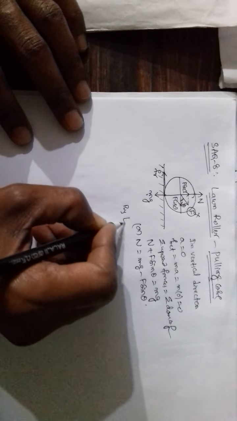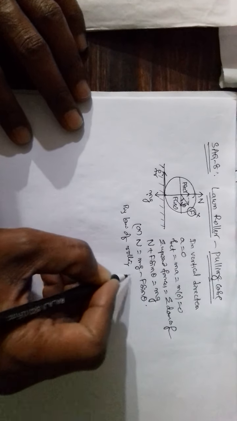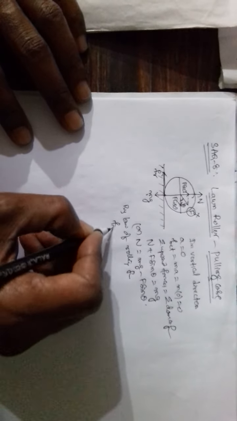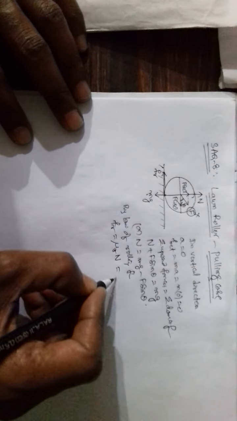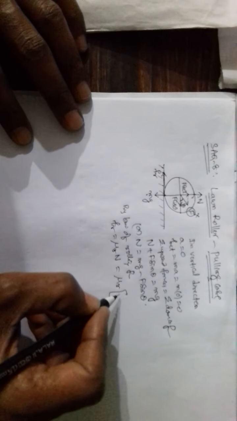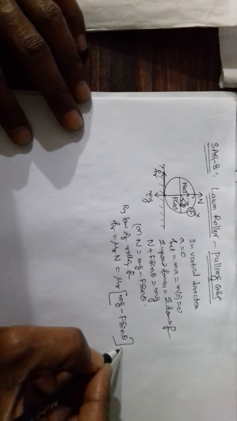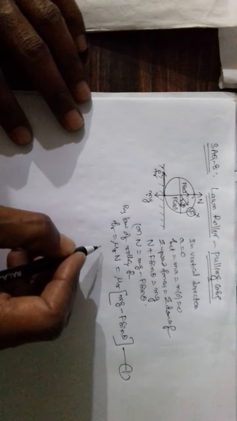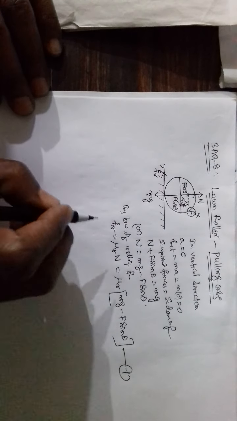By law of rolling friction, Fr is equal to mu r N. Mu r into this N value. So this is the expression for friction.